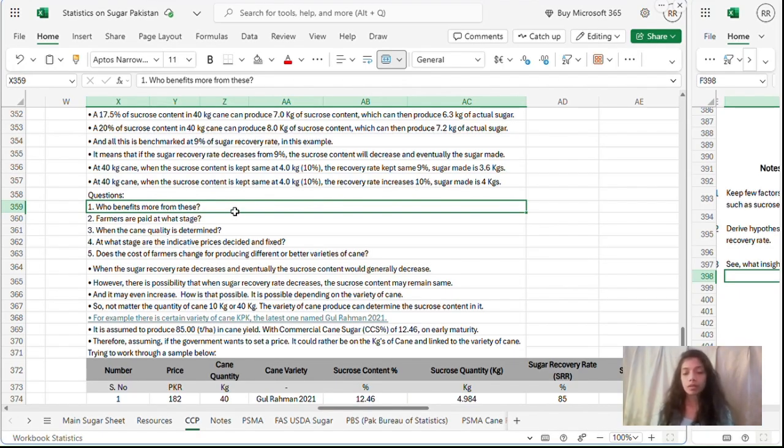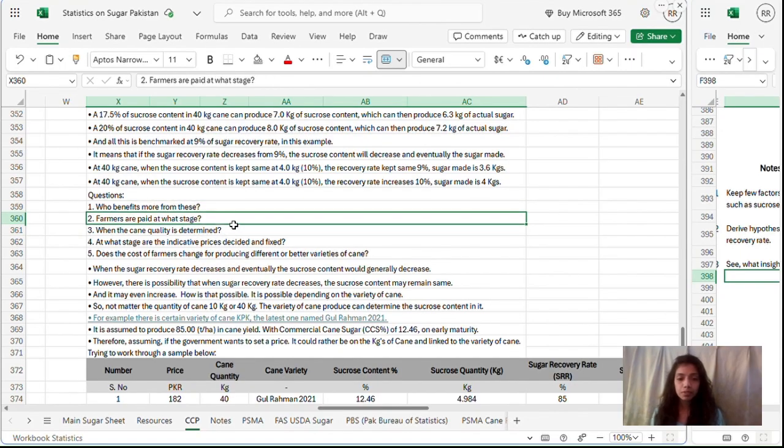Let's say there's more quantity of sugarcane, and less sugar is being produced. So who is getting benefit in all this, and who is not? This is just to gain an understanding of how things can be, what the lackings are, and how things can be made better at different stages for all stakeholders.